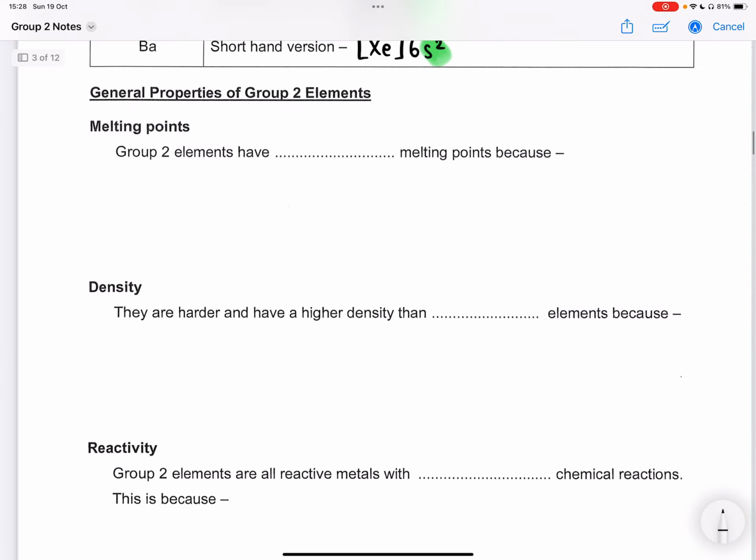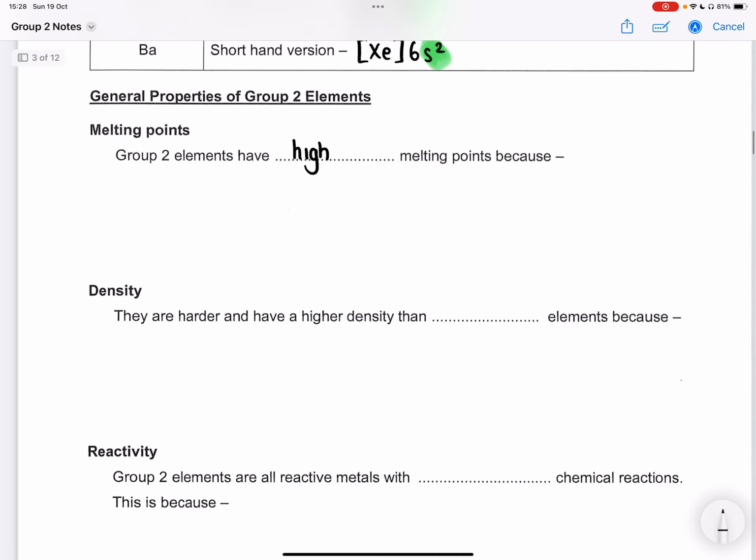So other properties that we can say of group 2, we've got melting points. What would we expect their melting point to be? They're metals, so we'd expect them to have a high melting point because metals are a giant metallic structure. So they're giant metallic lattices.